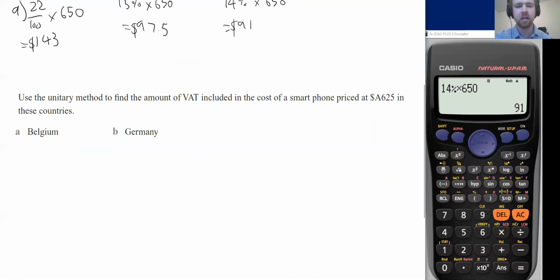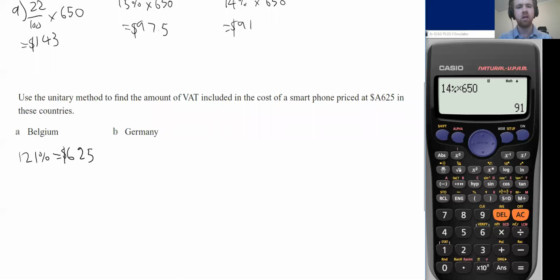So if this price is already including GST, then that means 121% is going to equal that cost. That is what 121% is going to be, because we've already added that 21% on to get 625. And we want to find out what just the GST price is. So we want to find out what just 21% is.